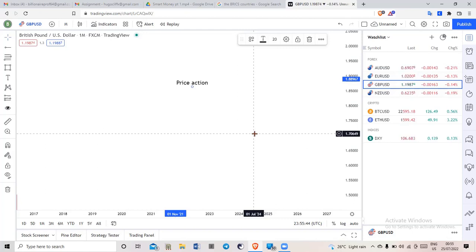When we talk about price action, there are different chart patterns we use, which is the triangle. We have the double top, double bottom, triple top, triple bottom. We also have the bilateral triangle. We also have trend lines, and support and resistance.